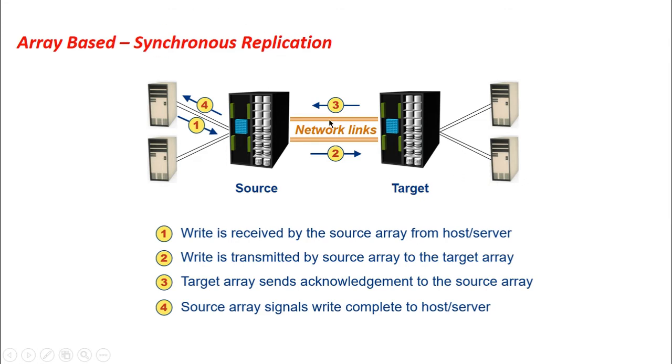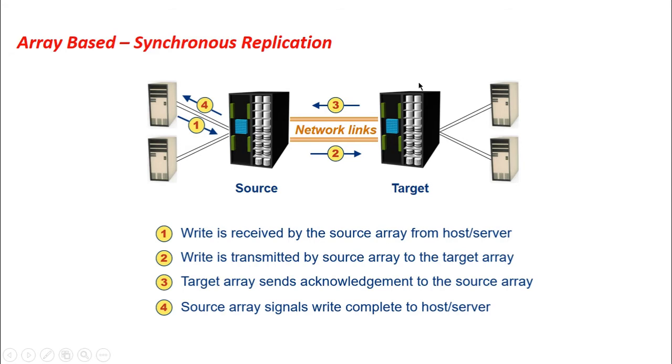So if the network link fails, replication is suspended, but the production host can write to the source storage array. The array operating environment keeps track of the writes that are not committed to the remote storage array. When the network links are restored, the accumulated data at the source storage array is transmitted to the remote storage array.